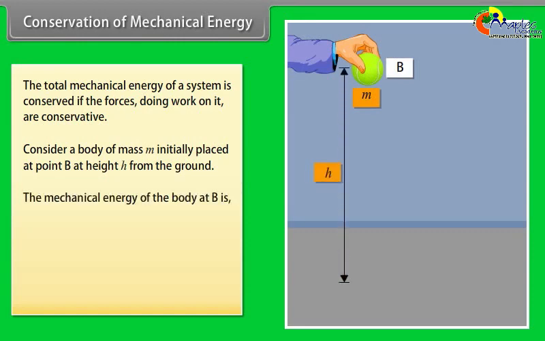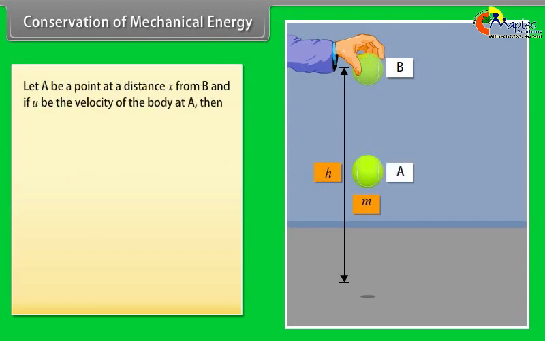The mechanical energy of the body at B is equal to the kinetic energy of the body at B plus the potential energy of the body at B, which is equal to 0 + mgh = mgh.